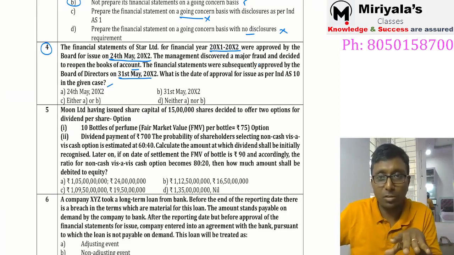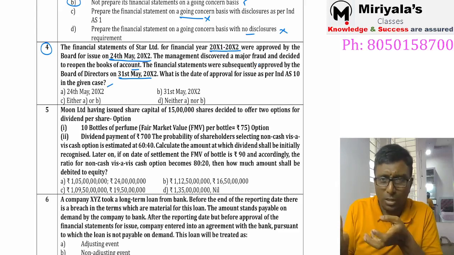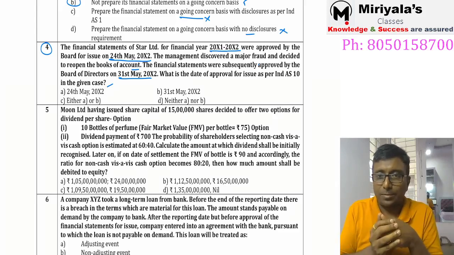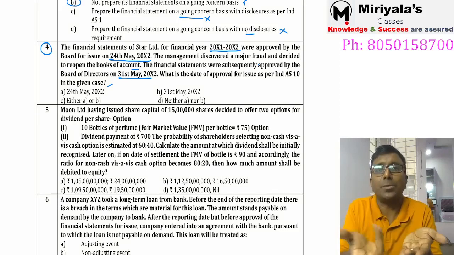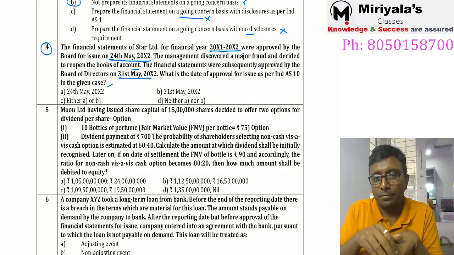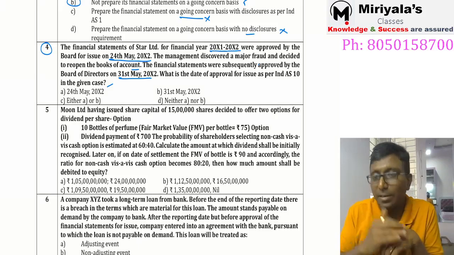So you understood? First time they issued it, to the audit committee or whatever it is. Subsequently, after the first board meeting happened, they prepared the financial statements. Subsequently, they got to know there is some fraud. Then again they reopened, again prepared it, and again gave it on a subsequent date.